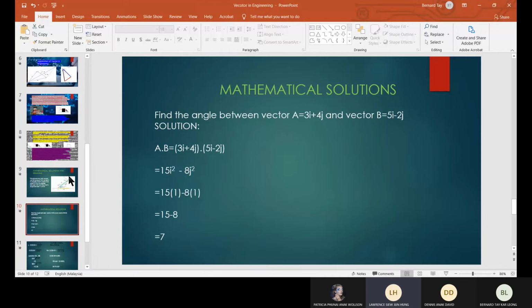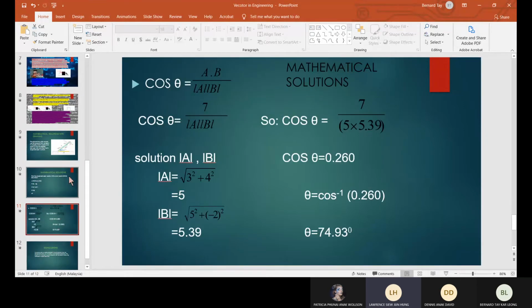The answer will be 7. Next, we use the formula cos theta equals A dot B over magnitude A times magnitude B. Just now we already got A dot B, which is 7. So now we need to find magnitude A and magnitude B. Magnitude A is the square root of 3 squared plus 4 squared, and the answer will be 5.